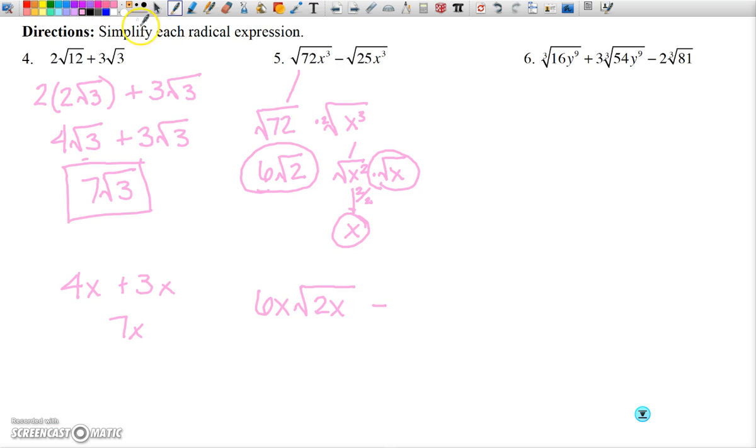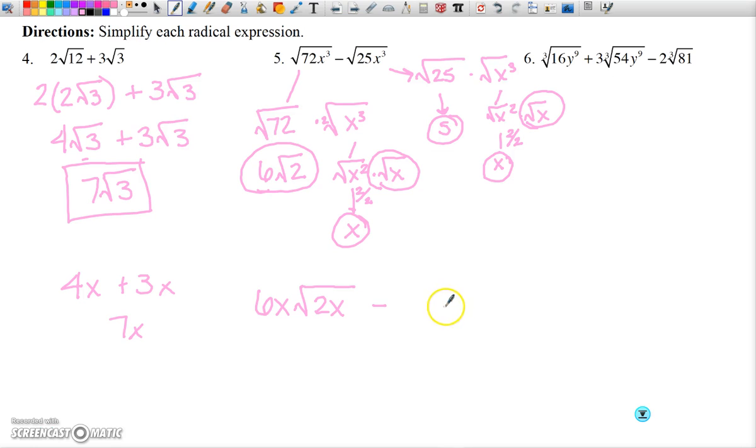And with that, we are going to subtract, and now over here, I'm going to split this into the square root of 25 times the square root of x cubed. The square root of 25 is 5, so that comes out to a perfect square. All right, so 5 is out, and then this is exactly the same as the last one. We split this up into x squared and x, and the x comes out because you take your exponent and divide it by your index, and then we have this underneath still.